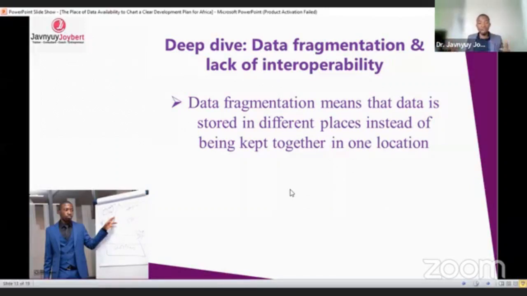Let me give you another example. Another example is our education system. Why can't all our state universities have one database to manage all students that graduated from state universities? It will enable decision-making to be very, very easy. Data fragmentation. If you look at all of these sectors, that's why we have a lot of crime, high crime rates, and cheating, and corruption, and bad governance.